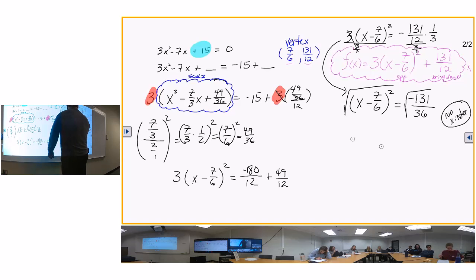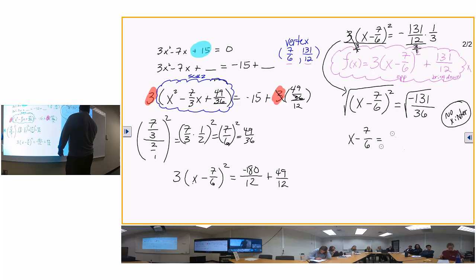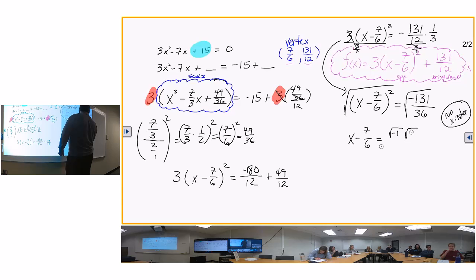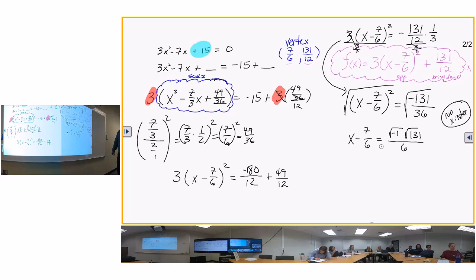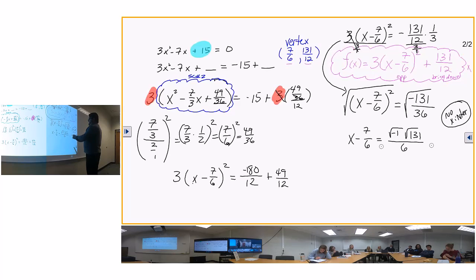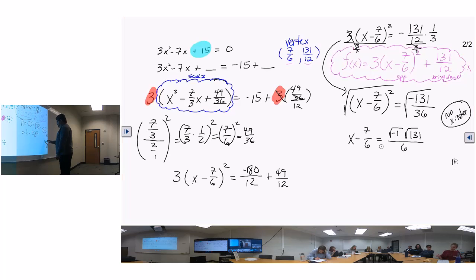That's going to give us x minus 7 over 6 is equal to, and I'm going to do negative 1, square root of negative 1, square root of 131 over 6. And I'm going to go over here and do the square root of 131. Now, they will not want you to do that, but I'm going to do it because I think it's important. So 144 is what? 12?